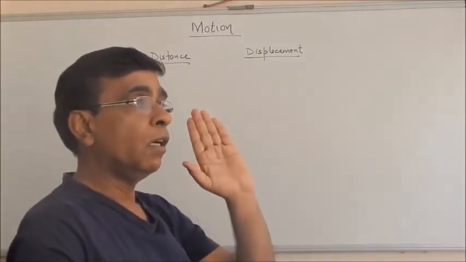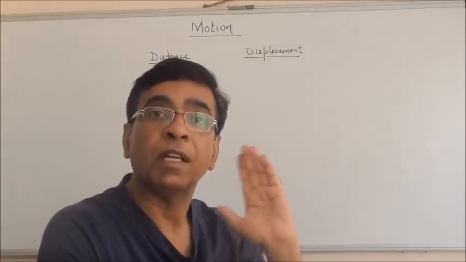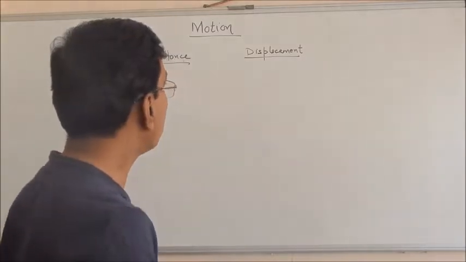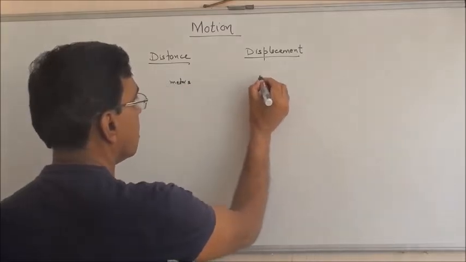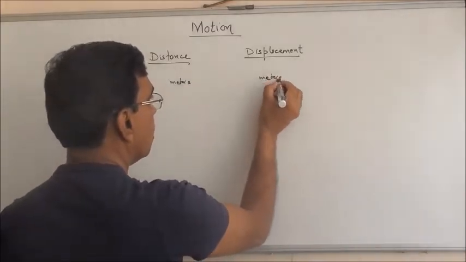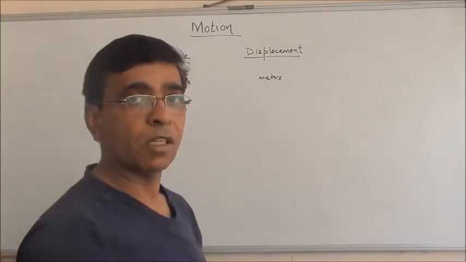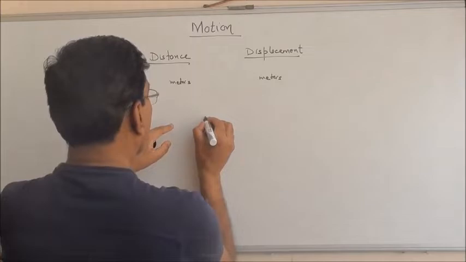We can say distance covered by a body in one specific direction, then it is displacement. Both will be measured in meters if I am taking the SI system. And see what I mean when I am saying distance covered in a specific direction. Take a few examples.